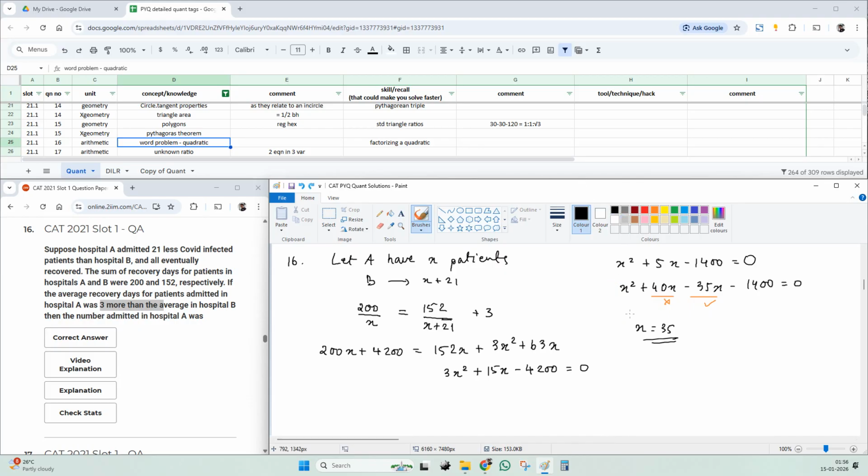So we have x is equal to 35. The number of patients admitted to hospital A is what they're asking, which is our assumed x itself, so it should be 35, and that is the answer. Not much in terms of optimization.